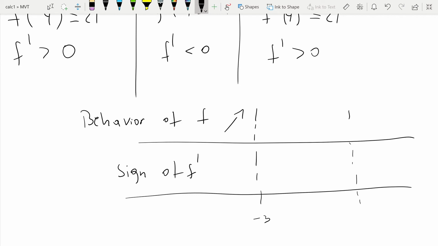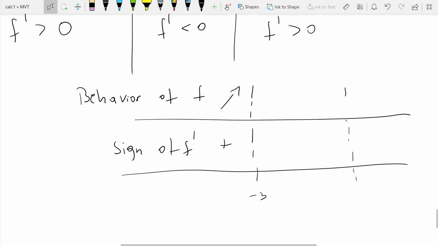Remember what we said about the second application of the mean value theorem: you can tell whether a function is increasing or decreasing based on the sign of f prime. Since f prime is positive, the function is increasing before -3. The sign of f prime is negative between -3 and 3, so the function is decreasing between -3 and 3. Then the sign of the derivative becomes positive again, and that implies that the function must be increasing after 3.